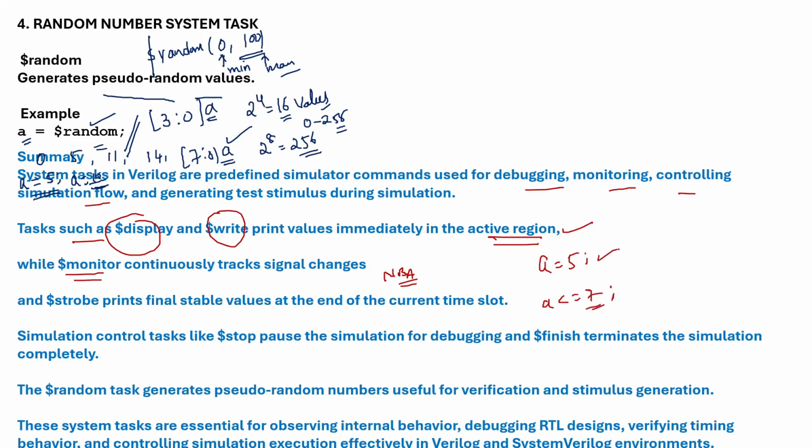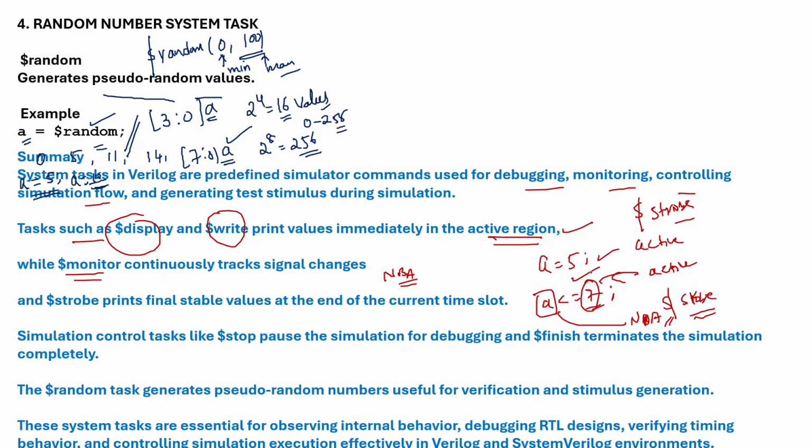This will be executed in the active region, and 7 will also be executed in the active region only, but a is updated at the NBA region. If I want to display the updated value here, then I will use $strobe. $strobe gets the last updated value. What is the last updated value here? A equal to 7, which will be displayed by using $strobe.